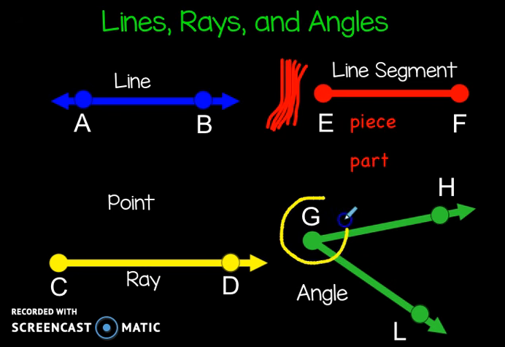This point right here, point G, is where ray GH and ray GL come together. So the vertex is where the two lines or line segments or rays connect and intersect. And the angle part, if I measure an angle, is the space between the two lines or rays. It's this space in here that is the angle.